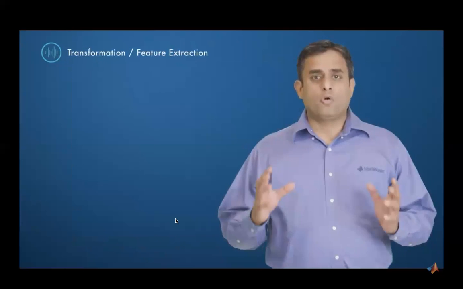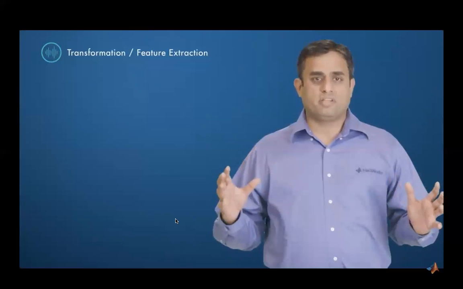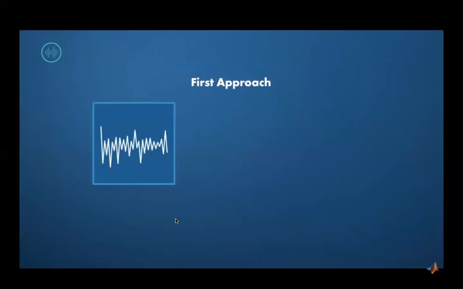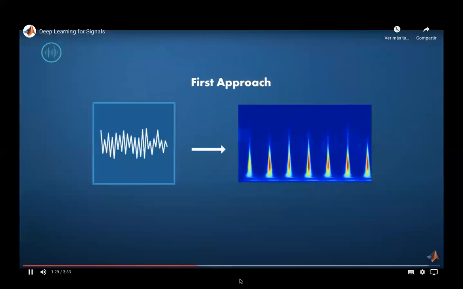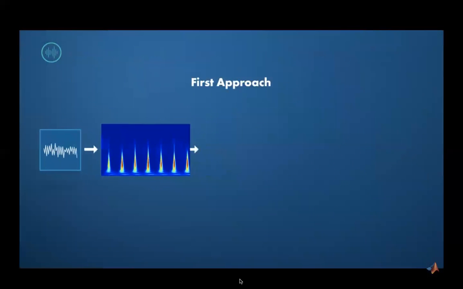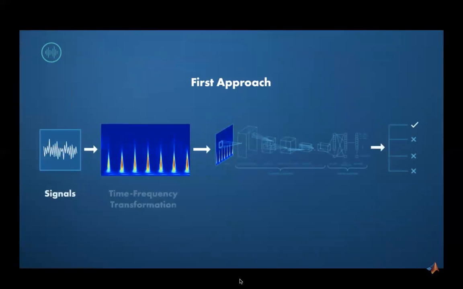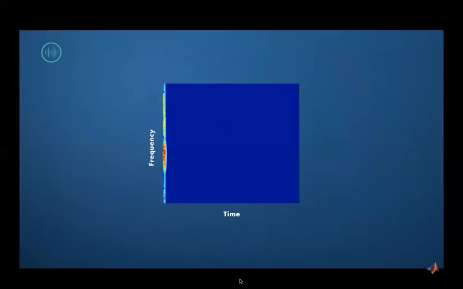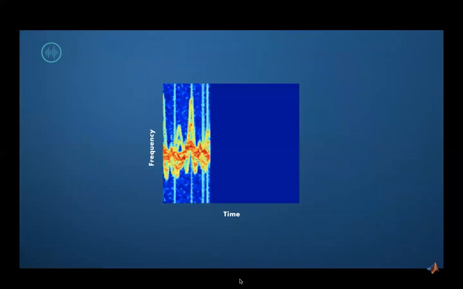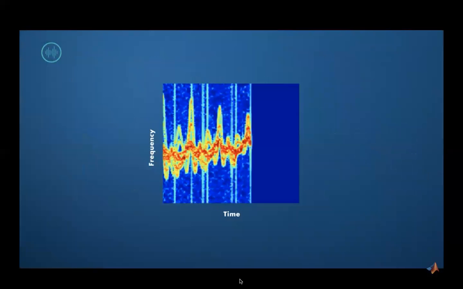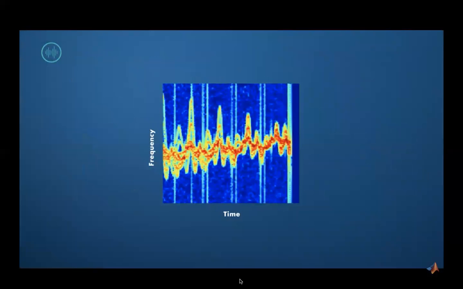There are two main approaches for performing deep learning on signals. The first approach involves converting signals into time frequency representations and training custom convolutional neural networks to extract patterns directly from these representations. A time frequency representation describes how spectral components in signals evolve as a function of time.